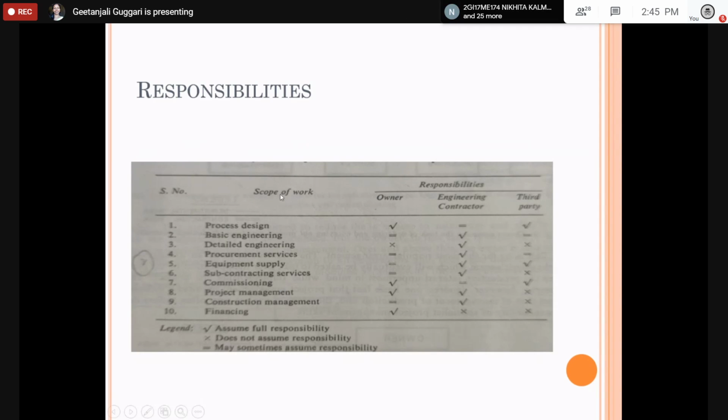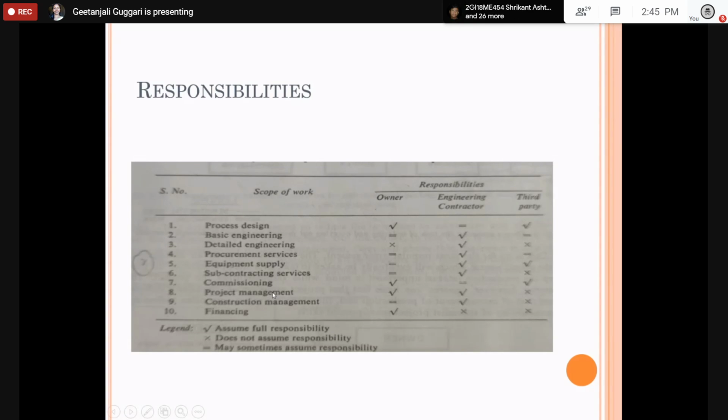The scope of work for the project we have divided into 10 sections. What are these sections? Process design, basic engineering, detailed engineering, procurement services, equipment supply, subcontracting services, commissioning, project management. Based on the scope of a project, the activities will vary from one project to another.